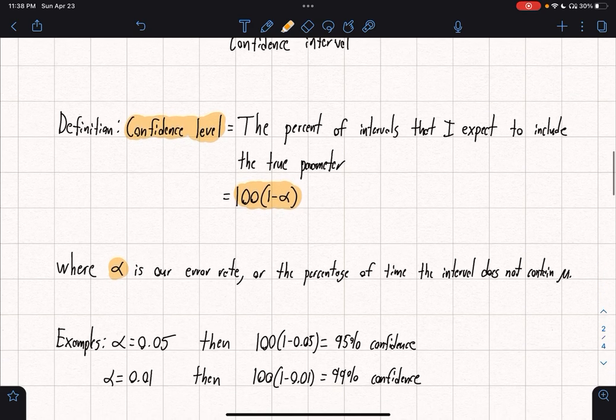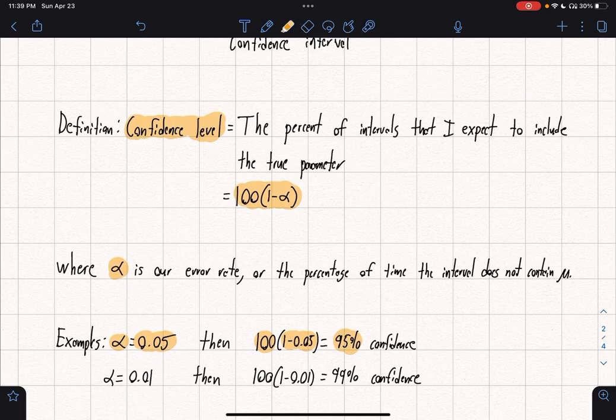So let's just take a couple examples. Let's say alpha is 0.05. So we're willing to be incorrect about 5% of the time. Well, then that means that 1 minus 0.05 would be 0.95. You multiply it by 100, and you get 95%.